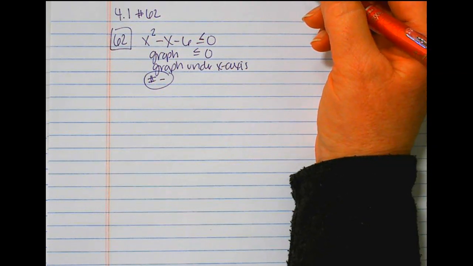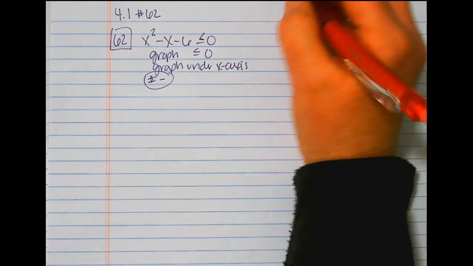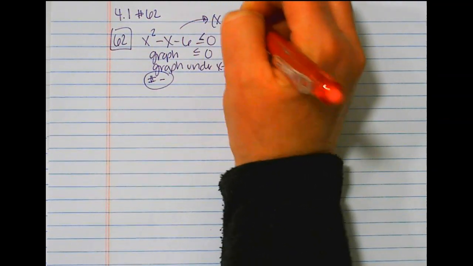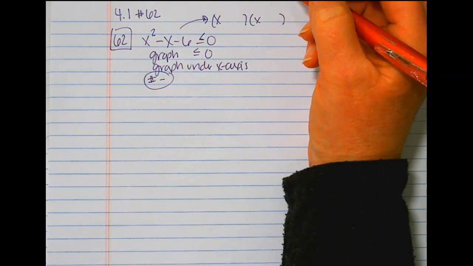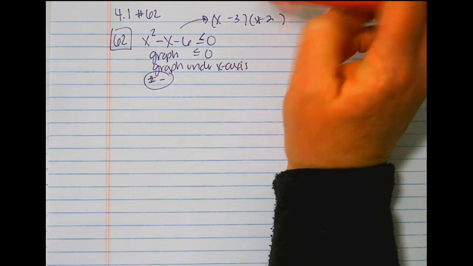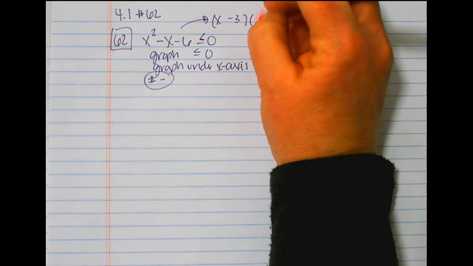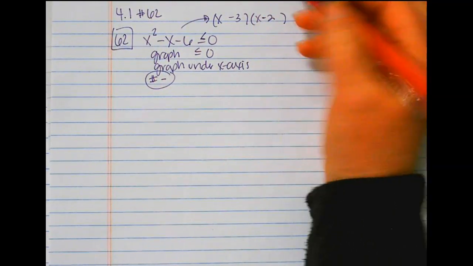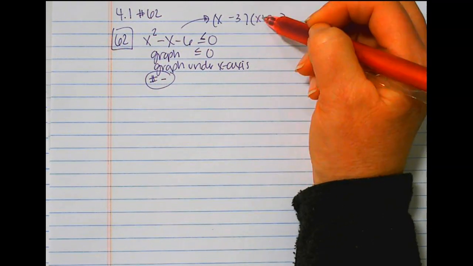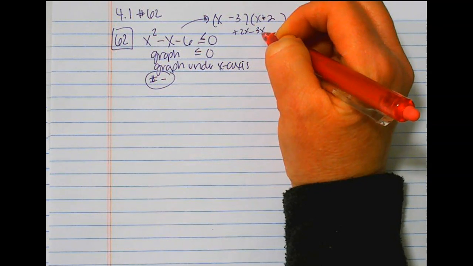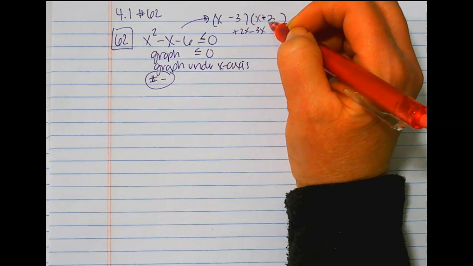You're good? Okay, cool. So if I factor this into x minus 3 and x plus 2, that looks terrible. Then I get x squared plus 2x minus 3x and then minus 6, and that works.